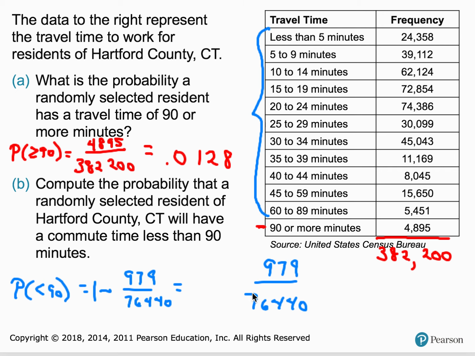And typically when we have large fractions like that, they'll ask us to just round. And when you have smaller fractions like we had in the previous example, they'll ask you to leave the simplified fraction, typically. So that is 0.9872 rounded.